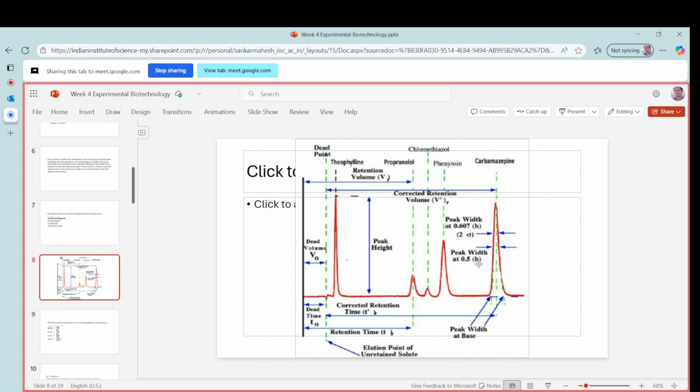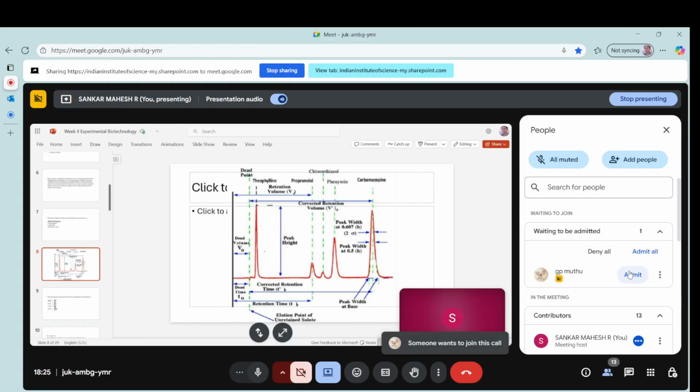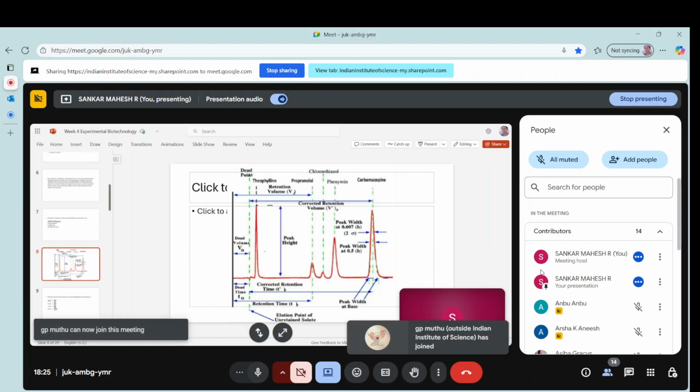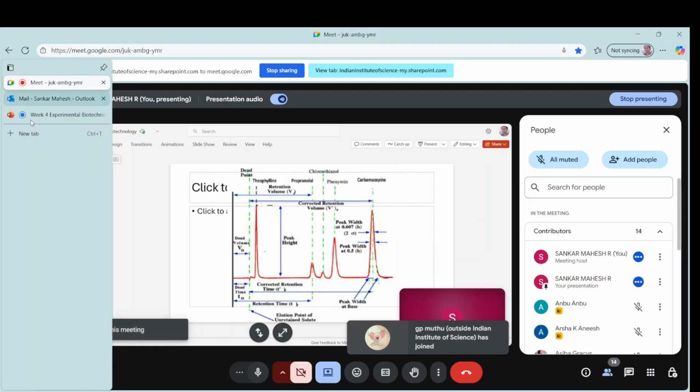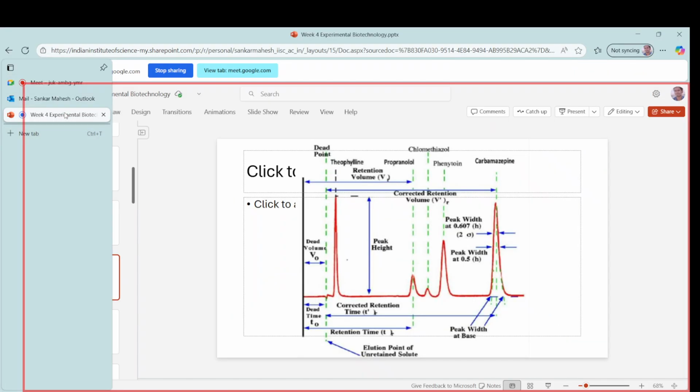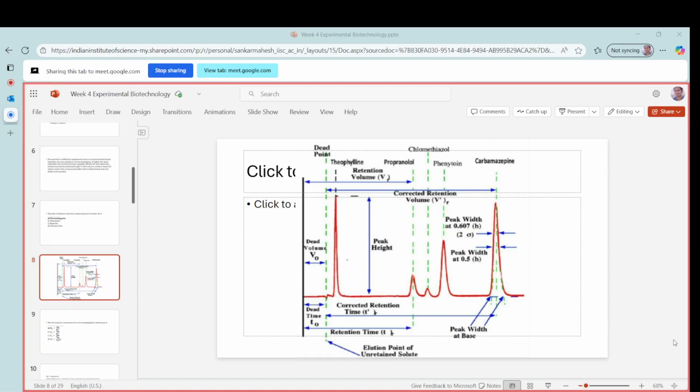So here, what you need to notice is on the x-axis you have time, whereas on the y-axis you have absorbance.